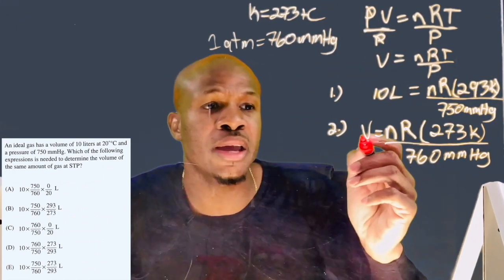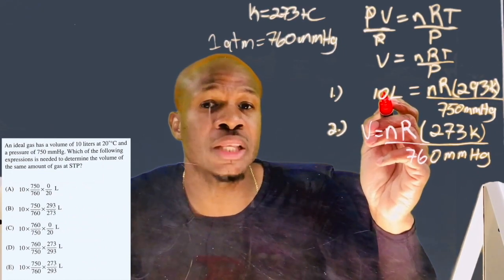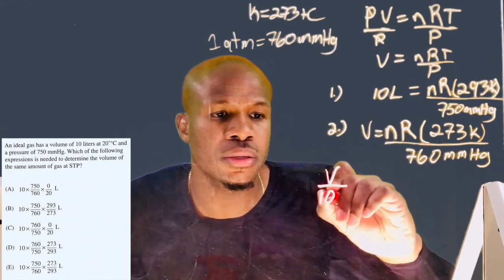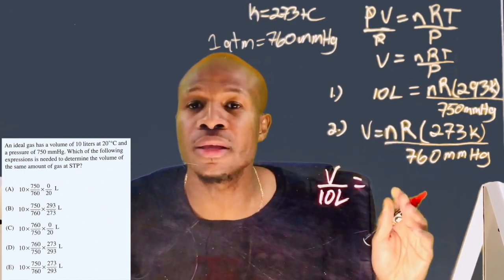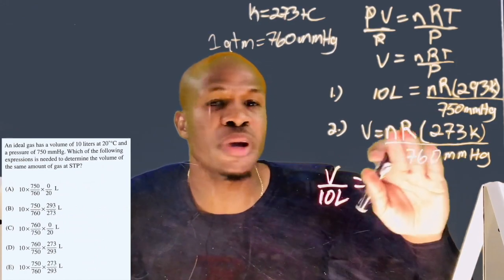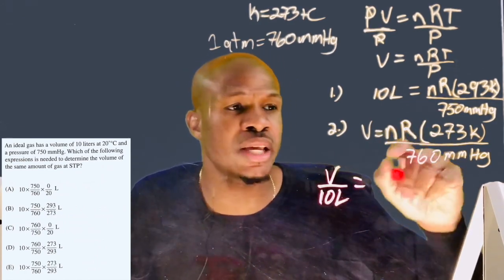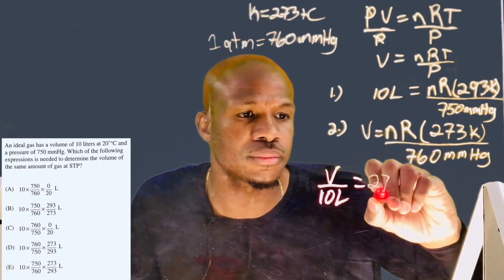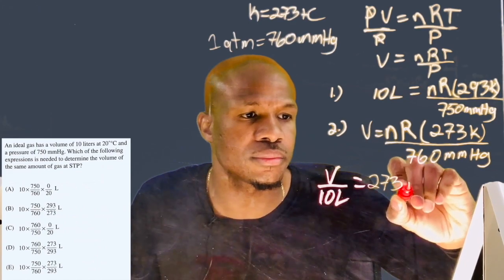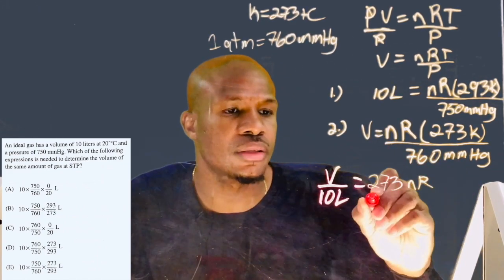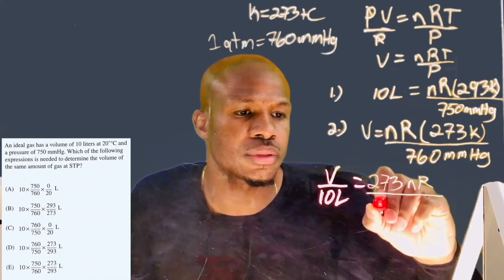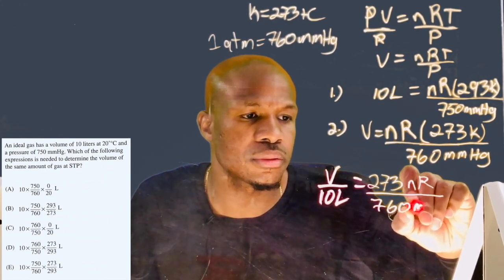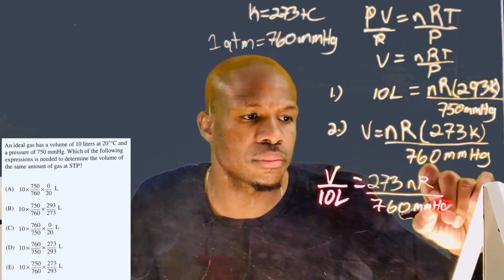So on the left side here, I have V. On the left side here, I have 10 liters. So I'm going to divide V divided by 10 liters. Okay, that's my left side. What's my right side? My right side is nR, which is 273 nR, divided by 760 millimeters of mercury.